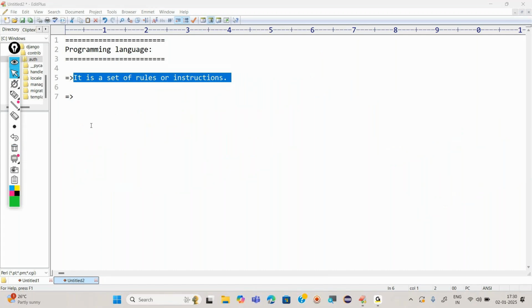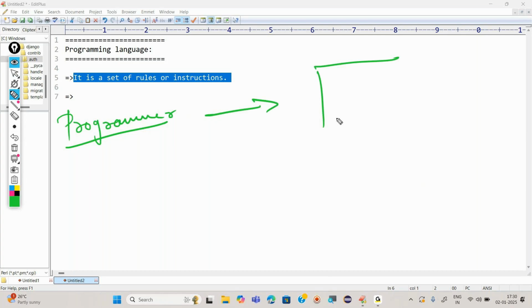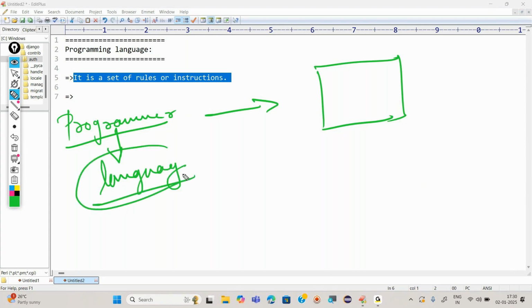In programming terms, whenever a programmer wants to communicate with the system, he has to choose a particular language.